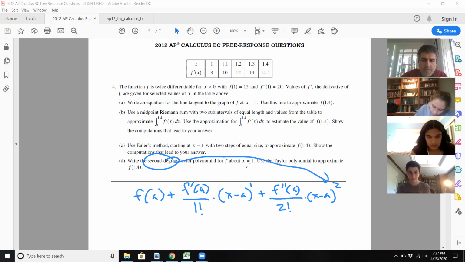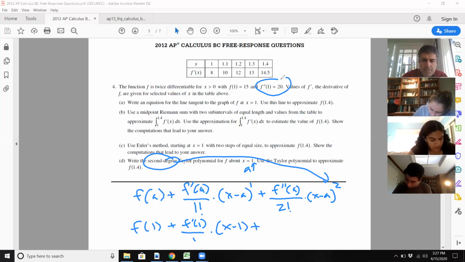So our a is 1. So you're going to do f of 1 plus f prime of 1 over 1, of course, just 1 anyway, times x minus 1, plus f double prime, which they already give you, so we're okay there, over 2 factorial, which is 2, times x minus 1 squared.